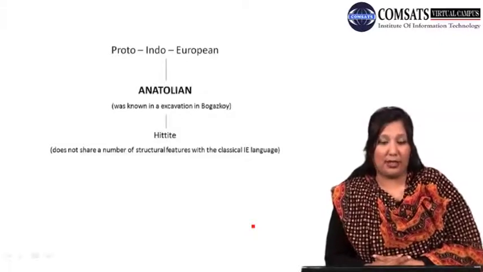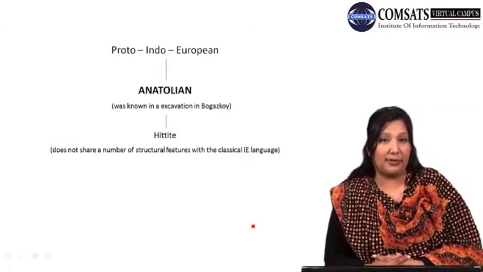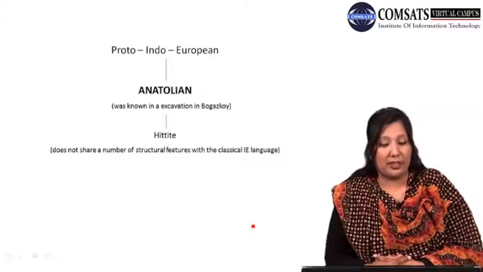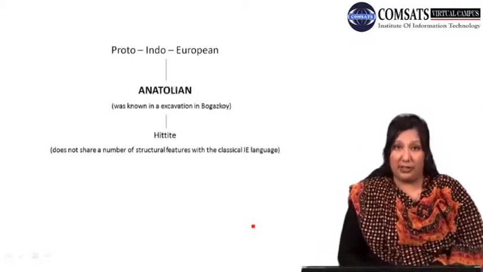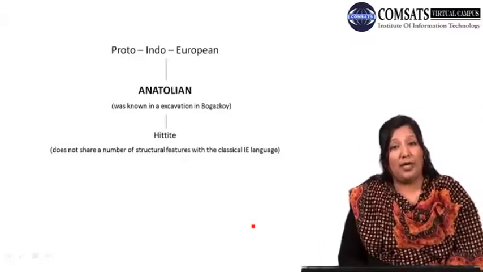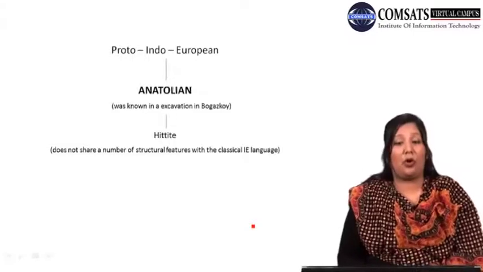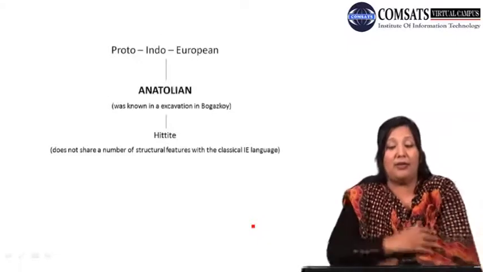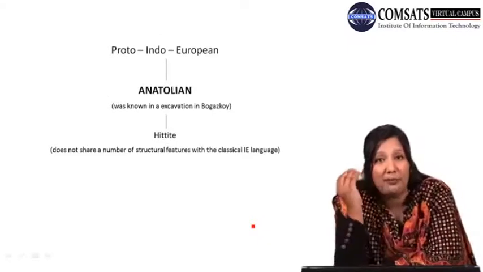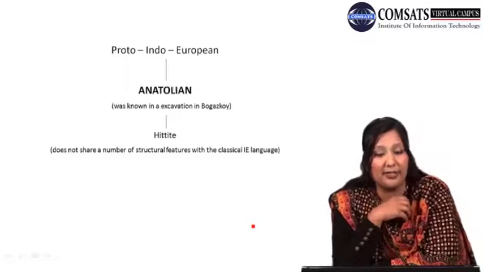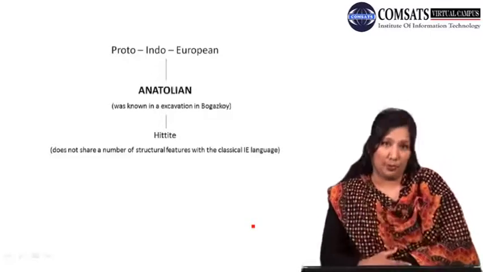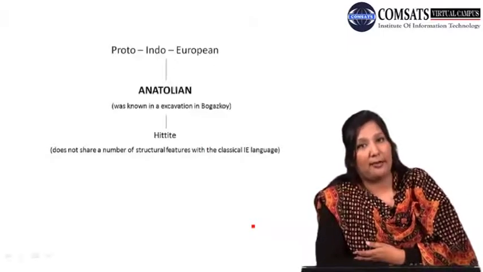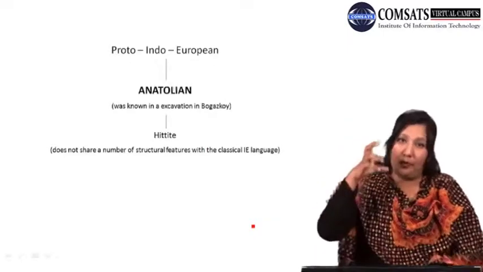It is a very important sub-branch of this Anatolian language, and it does not share a number of structural features with the classic Indo-European languages. Although we are looking at a subdivision of the Anatolian language that is further divided into Hittite, it does not share most of its features with the main branch.